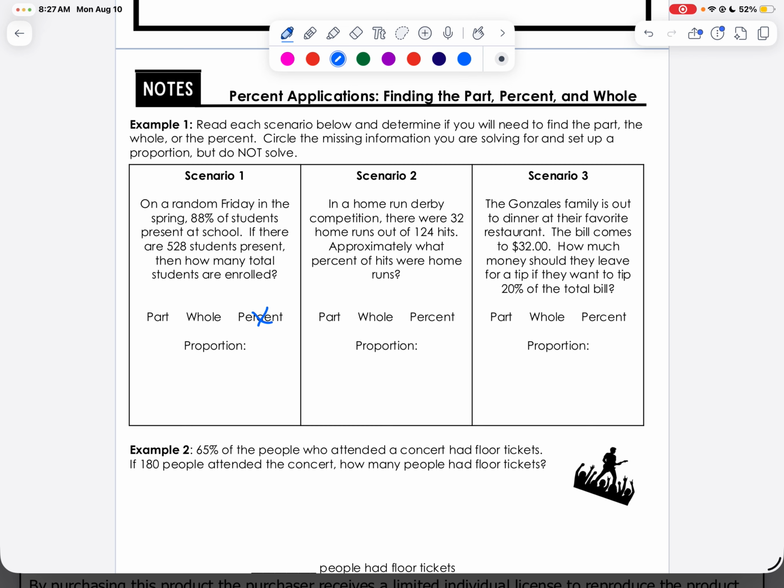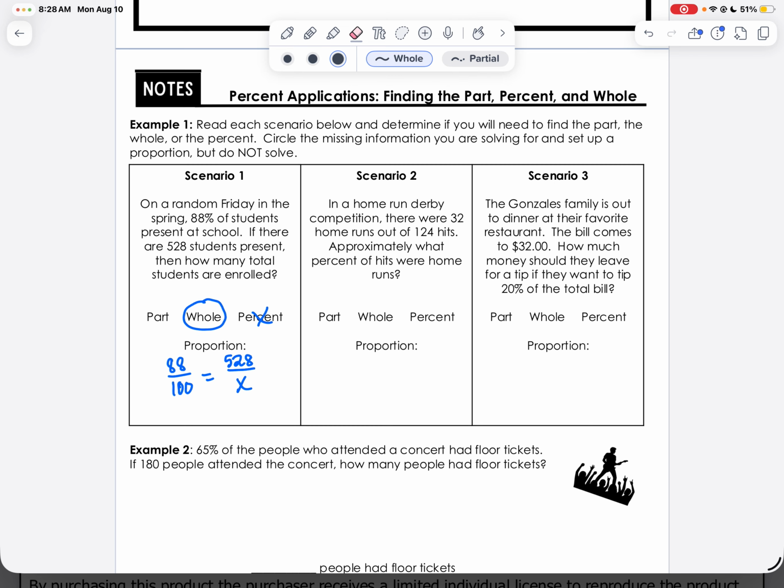It says how many total students are enrolled. So that means in this question, we're trying to find the whole or the total. So our proportion here would be percent, or 88 over 100, is equal to the part, which is 528, over the whole, which is our unknown.